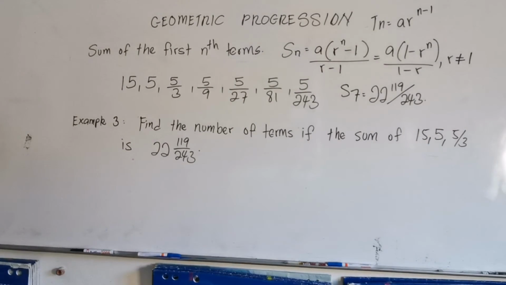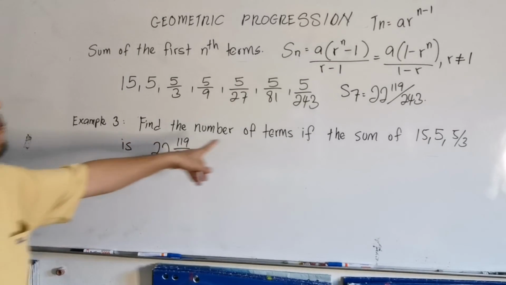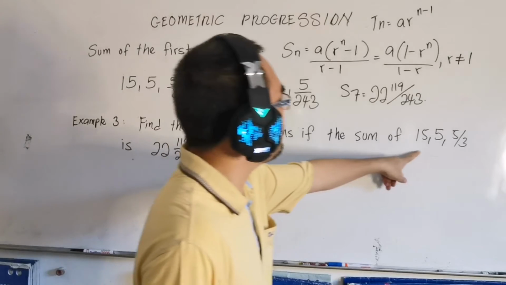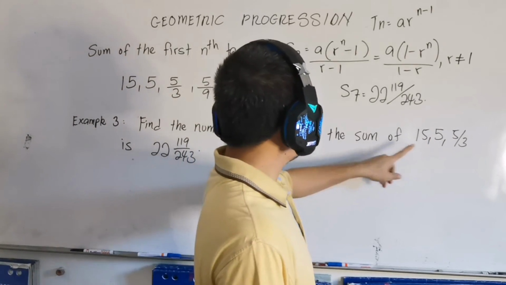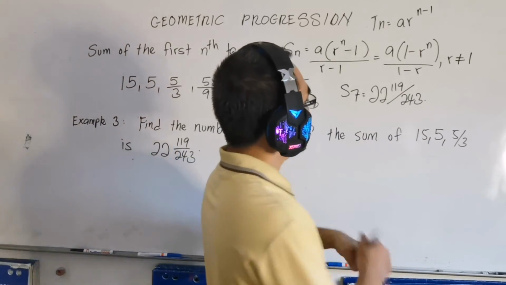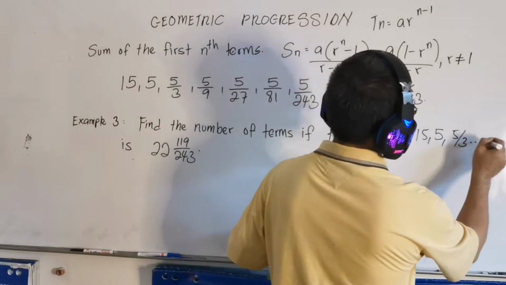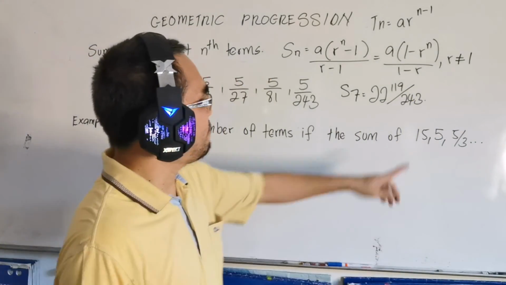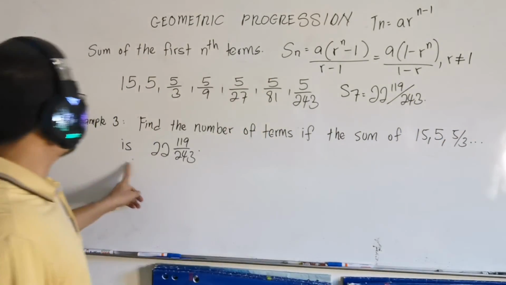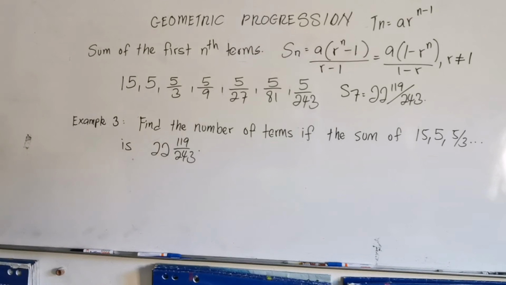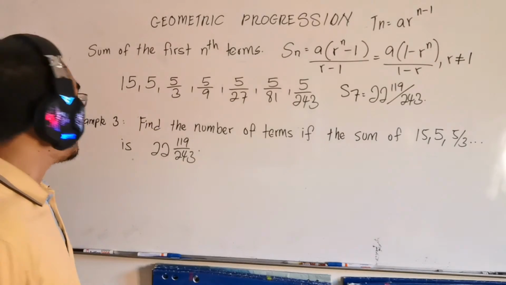Another hypothetical question will be: find the number of terms if the sum of the first 3 terms, we have this, should be 15, 5, 5 over 3, is 2219 over 243. So we are not given how many terms. That is the question.